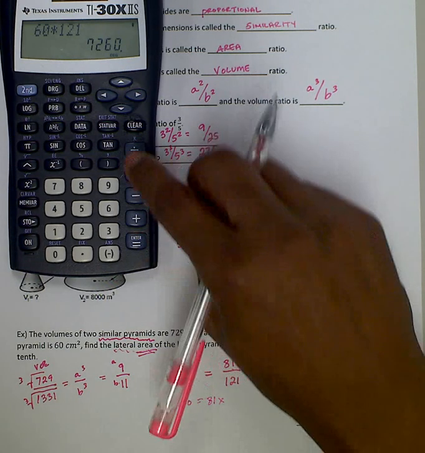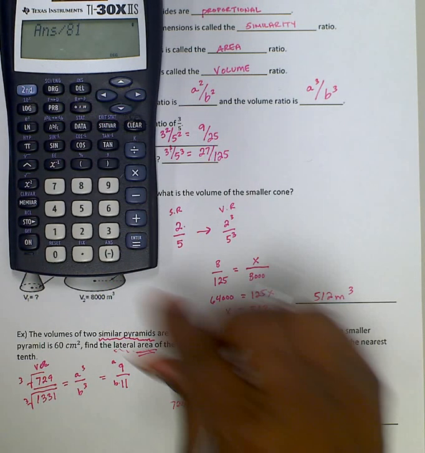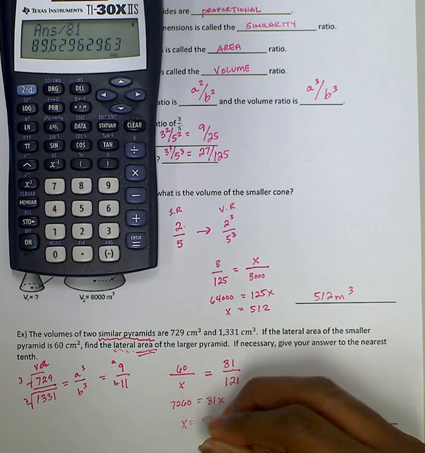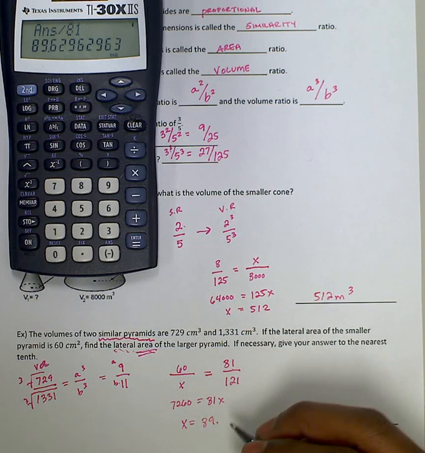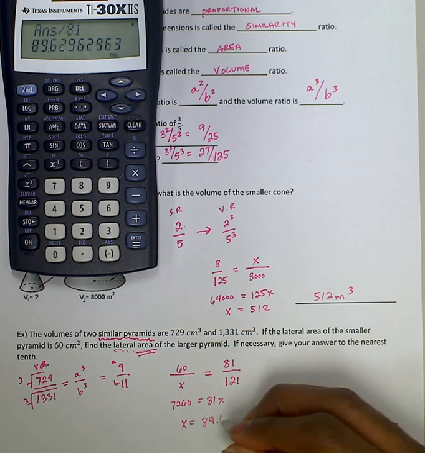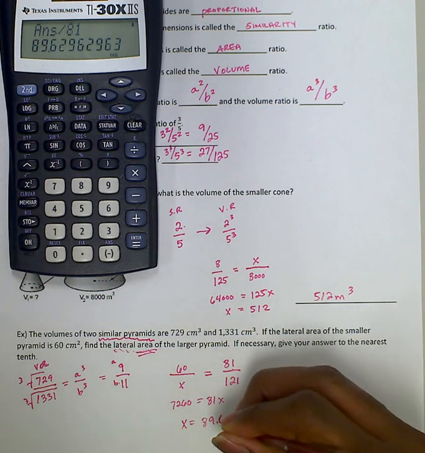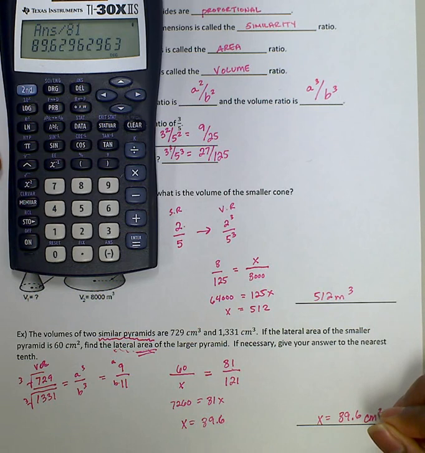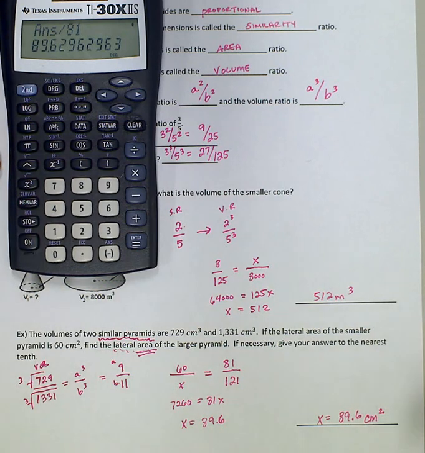To find x, I divide by 81, and that gives me 89.62. It says to the nearest tenth, so I'll say 89.6. So x equals 89.6 centimeters squared. And that is the lateral area of the larger pyramid.